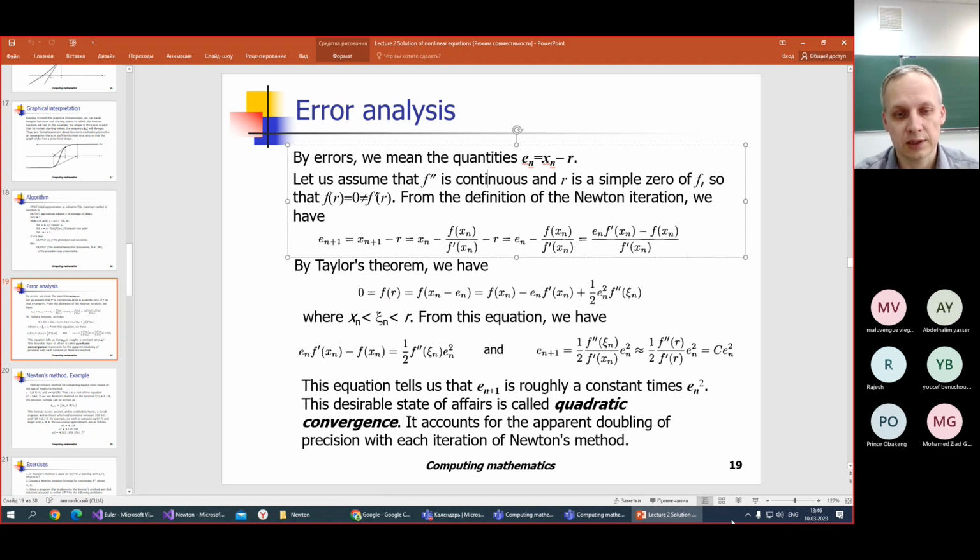This equation tells us that the error of the method on the next step, En plus 1, is roughly a constant times En squared. This desirable state of affairs is called quadratic convergence.